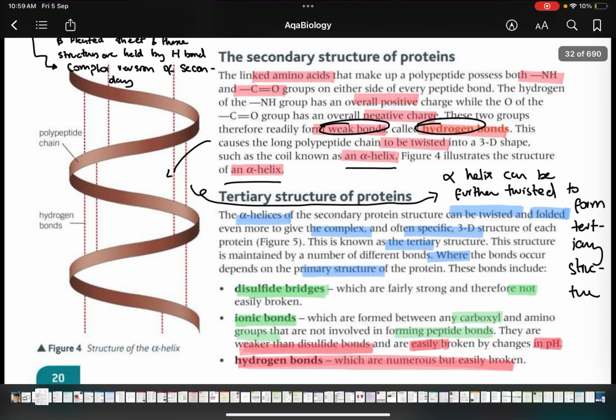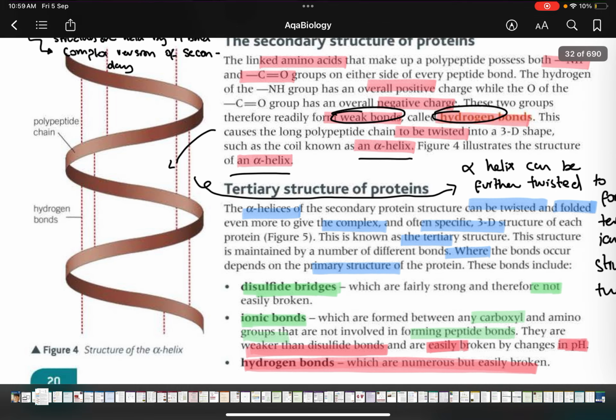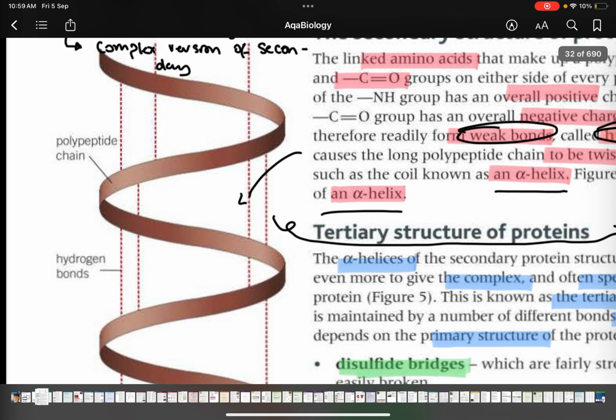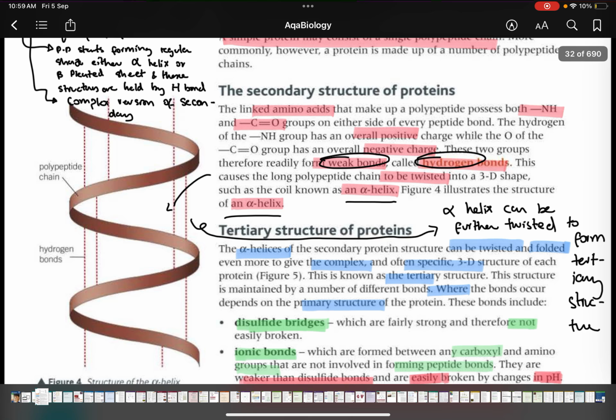This forms a weak bond known as a hydrogen bond, and this causes the chain to be twisted into a coil known as an alpha helix, and this is what our alpha helix looks like. So once again, my CO has my oxygen, slightly negative, NH has hydrogen, slightly positive, the two bond together, a weak bond is formed. This results in the coiling and folding of the structure, resulting in an alpha helix formation.